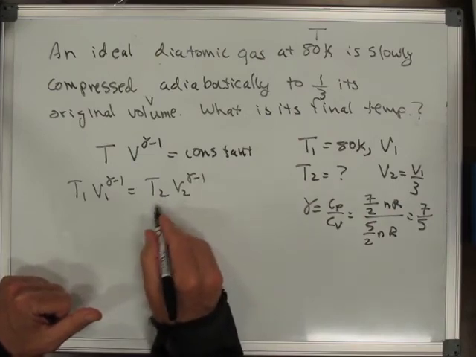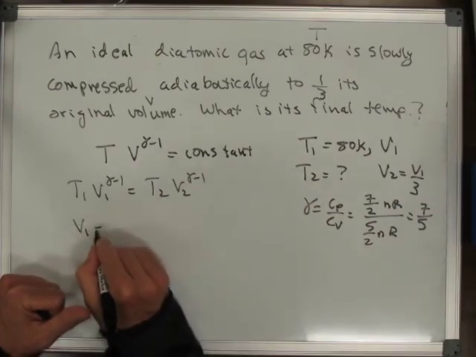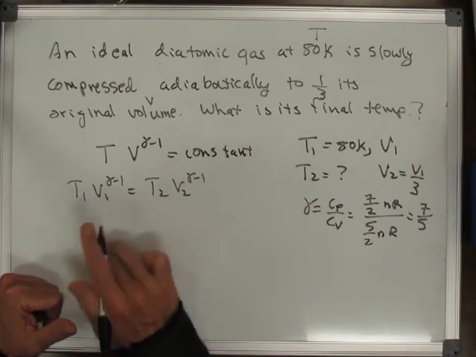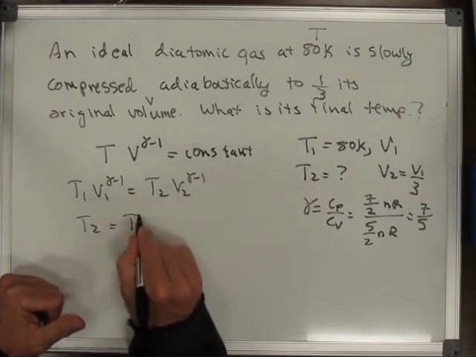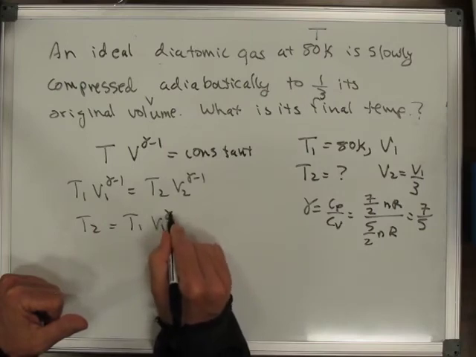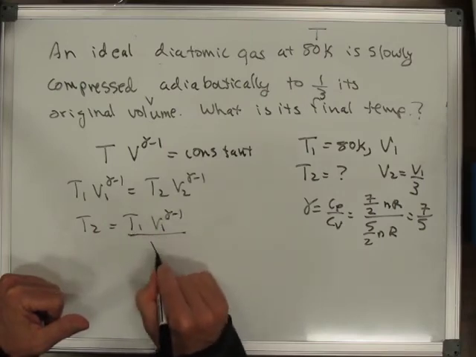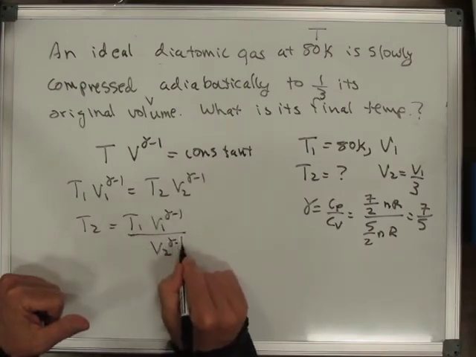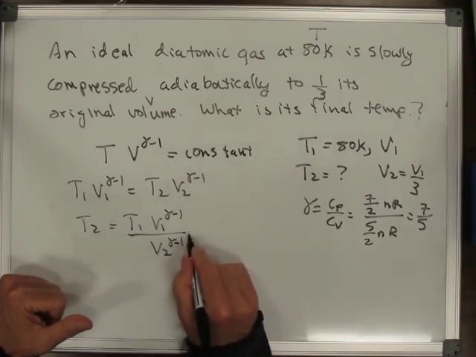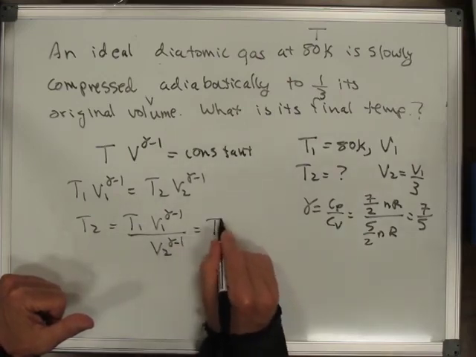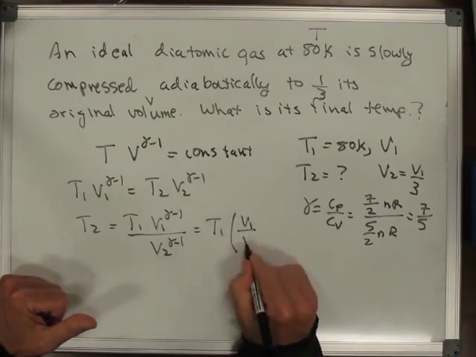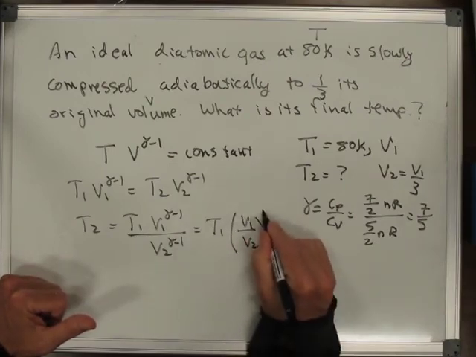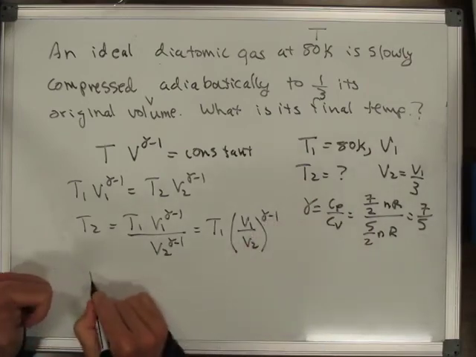What I want is T2, and so I have T1, so I'm going to solve for T2, and I'm going to get T2 is equal to T1 V1 to the gamma minus 1 over V2 to the gamma minus 1. And so this is equal to just T1 times V1 over V2 to the gamma minus 1.